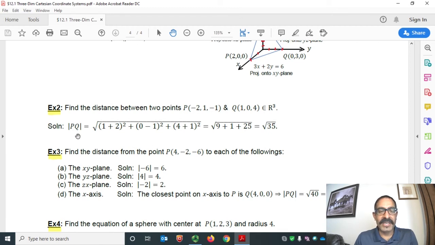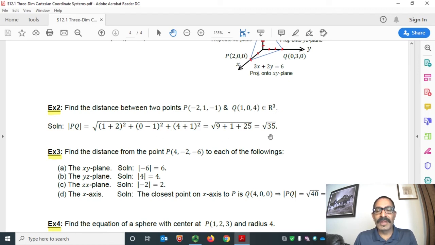So distance PQ equals, under the radical, x2 minus x1 squared, that means 1 minus -2 squared, so 1 plus 2 squared. Then plus y2 minus y1 squared, that means 0 minus 1 squared, plus z2 minus z1 squared, that means 4 minus -1, so 4 plus 1 squared.